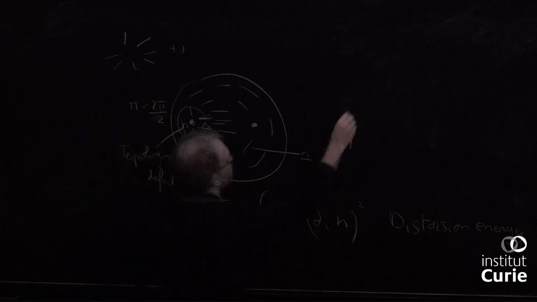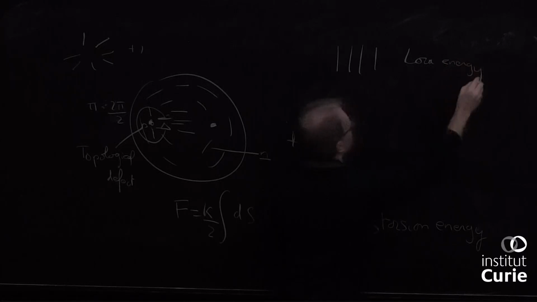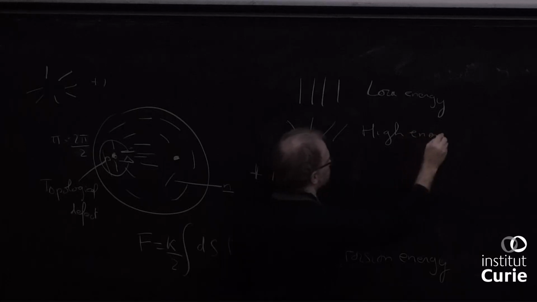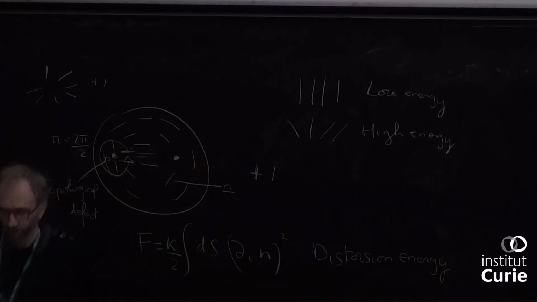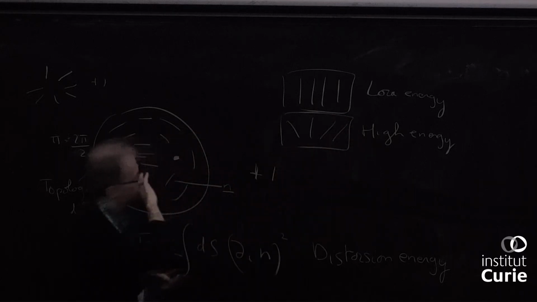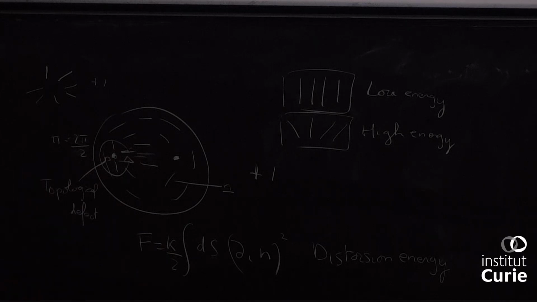So that an organization like this, not of the polarity, of the nematic order, so if one has a part of the system where the nematic axes are parallel to each other, this is a low energy, in fact, zero energy configuration. And if one tries to create a spatial gradient of the order, then this becomes a high energy. Okay, this is what this expression means, it is the Frank free energy.